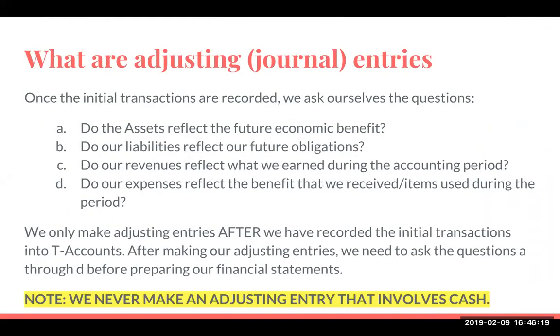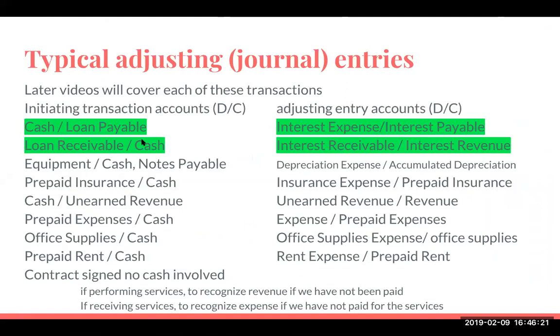And again, when I'm loaning money, I'm debiting loan receivable and crediting cash. And here, my typical journal entry is going to be a debit to interest expense, and then a debit to interest receivable, and then a credit to interest revenue. So let's go through and do the question.